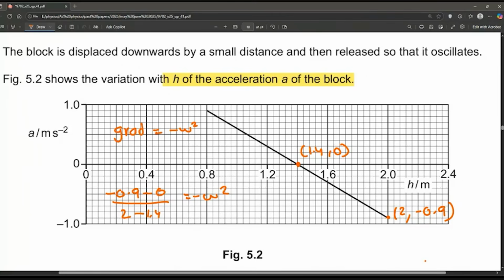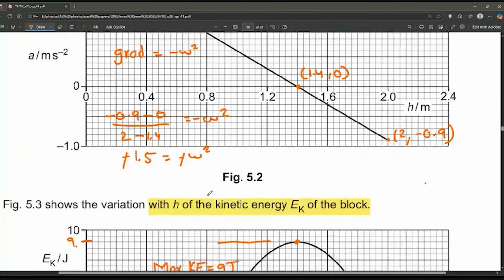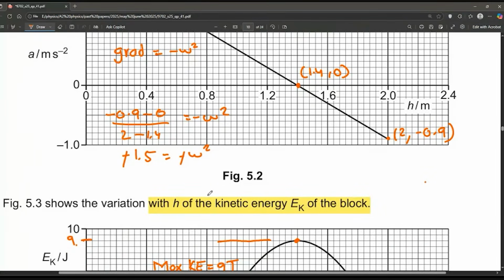Minus 0.9 divided by 2 minus 1.4 comes out to be negative 1.5, equal to negative w square. Cancel the negatives. What will w be equal to?